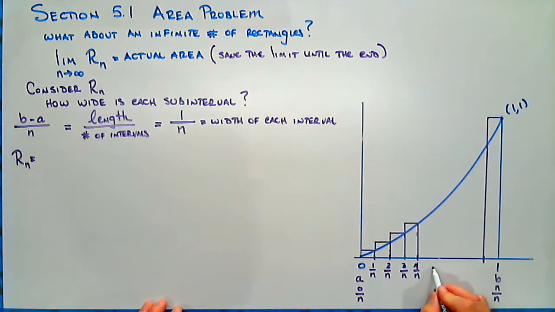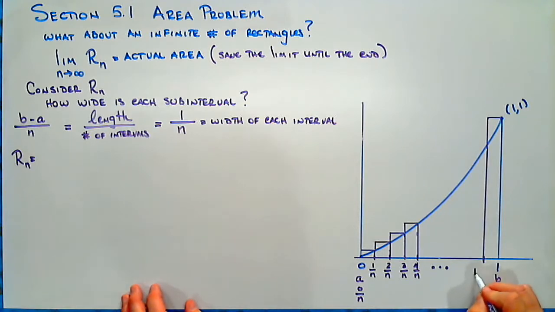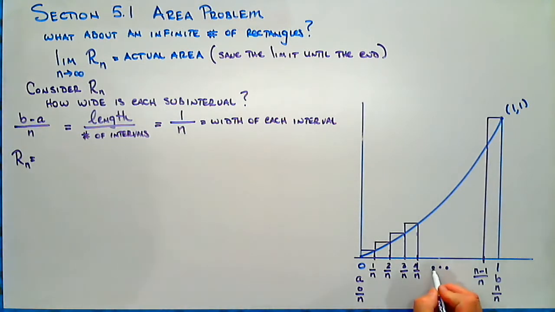Now, there are a lot of rectangles between, and of course this is n minus 1 over n. It's the interval that comes 1 before the nth interval. So that is our picture. And we don't know, right? There's an indeterminate number of rectangles that go in between here. But that's going to be okay, because we're going to be saved when we do this arithmetic by the pattern.